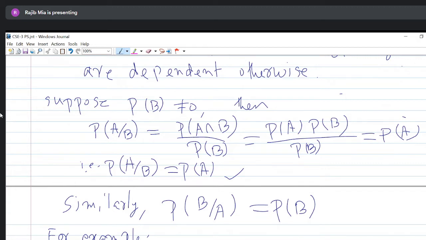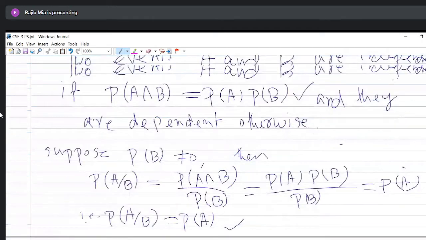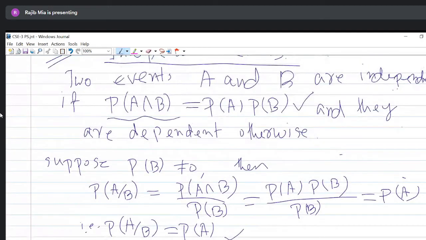If you define event A as getting a head when it is tossed, and event B, then your events A and B should satisfy this condition. Then we say that these two events are independent.